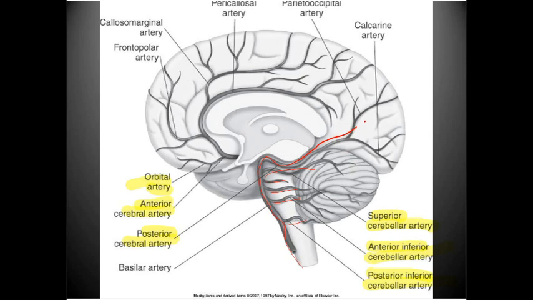And as we can see, we're primarily going to the temporal lobe, cerebellum, and the occipital lobe here. Then we have the anterior cerebral artery labeled with the orbital artery, but we don't see the internal carotid arteries here, so it kind of becomes slightly misleading.